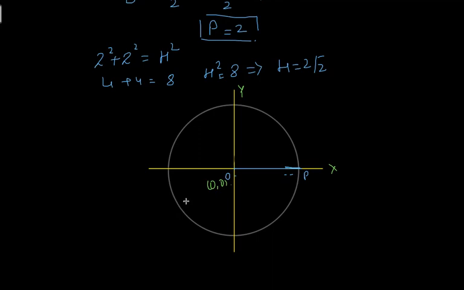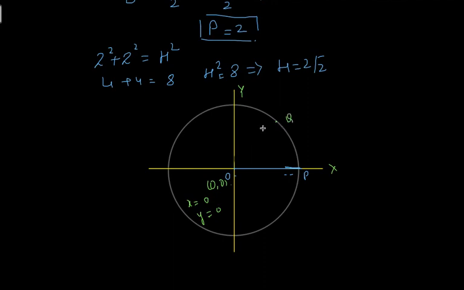It means the x coordinate is 0 and the y coordinate is also 0. Now we are going to assume some point on this circumference, say, let it be Q.